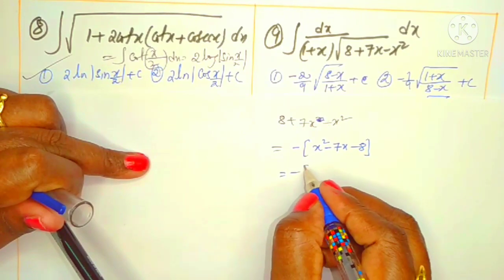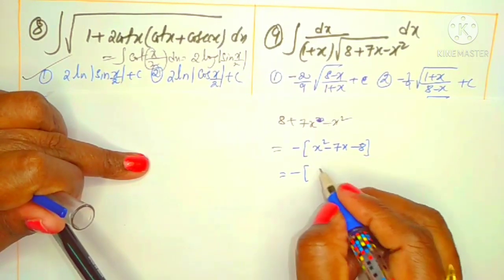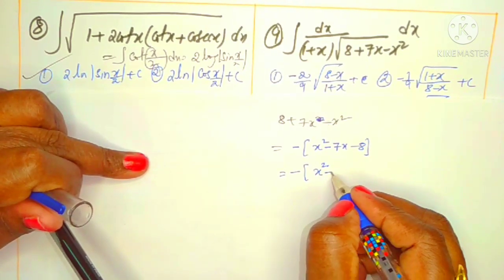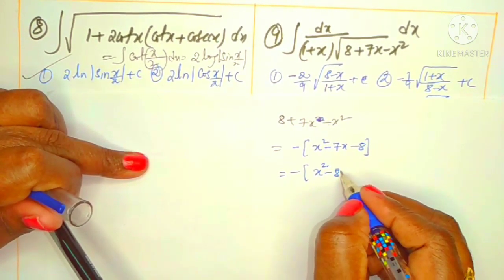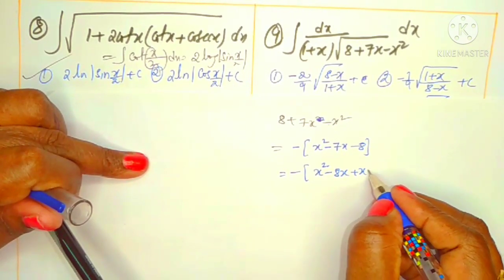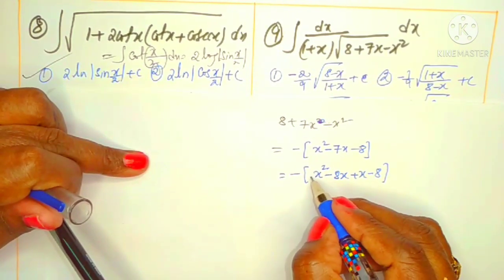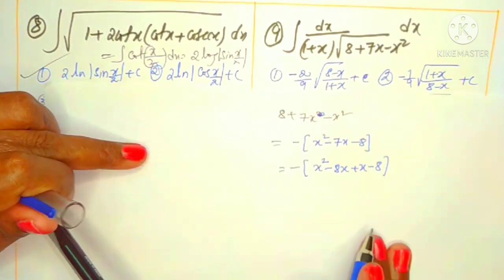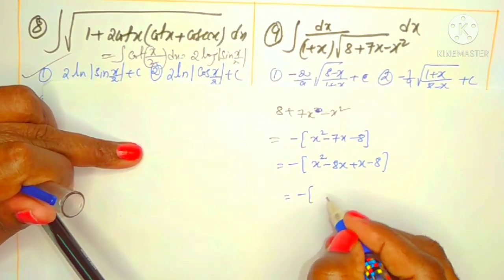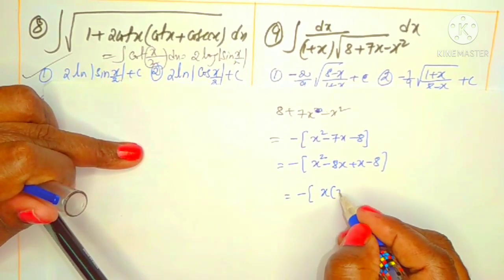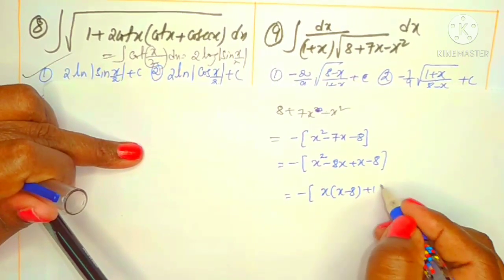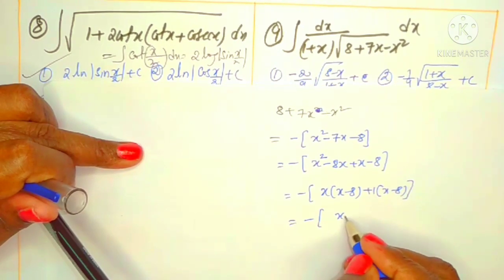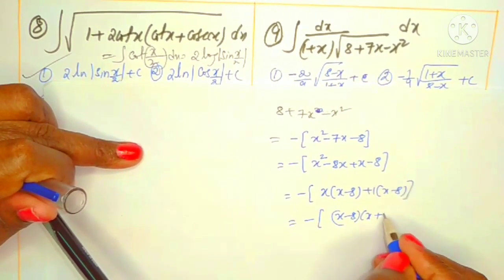You know factorization in the case of a quadratic expression: x square minus 7x minus 8, we can split the middle term as x square minus 8x plus x minus 8. Is it clear? 1 into minus 8 is minus 8, minus 8x plus x is minus 7x. Next step, x is common here, x minus 8 plus 1 is common, x minus 8, right? After that, minus of x minus 8 of x plus 1 are the factors.